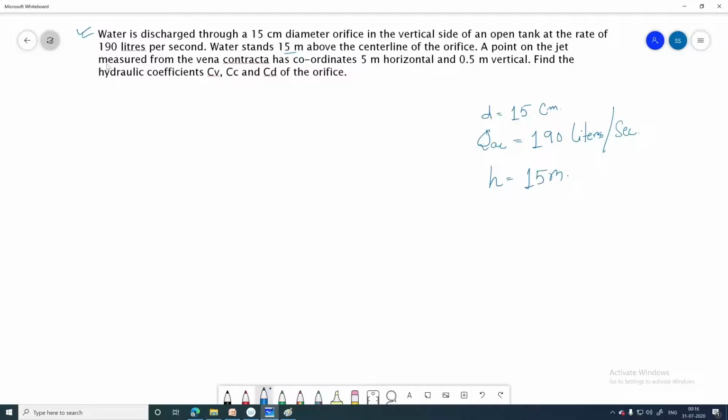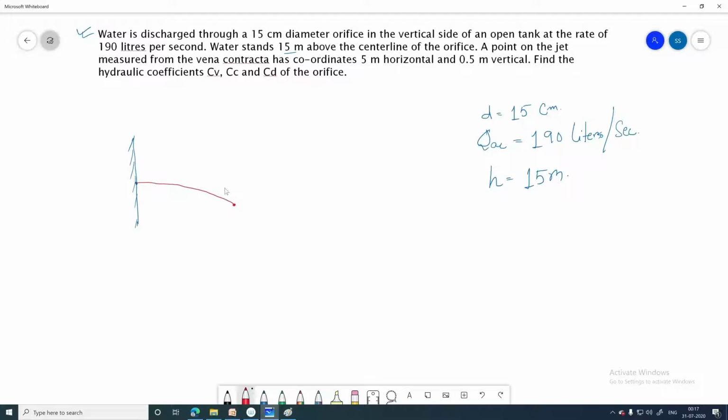A point on the jet measured from the vena contracta has coordinates 5 meter horizontal and 0.5 meter vertical. So consider this is the vertical portion, and suppose the orifice is there. Here it is said that a point on the jet, so consider the shape of the jet is something like this. Suppose this is that particular point.